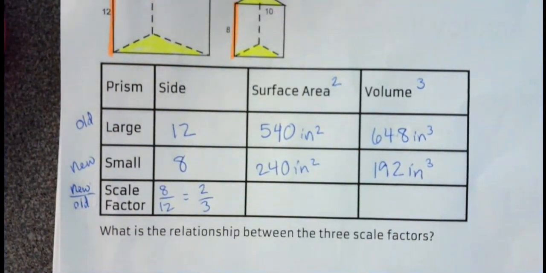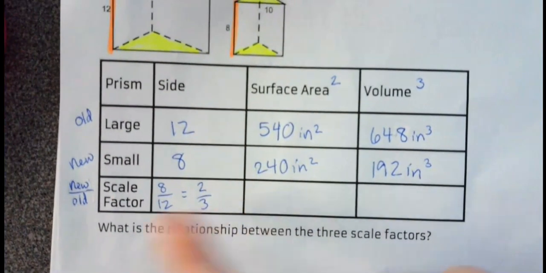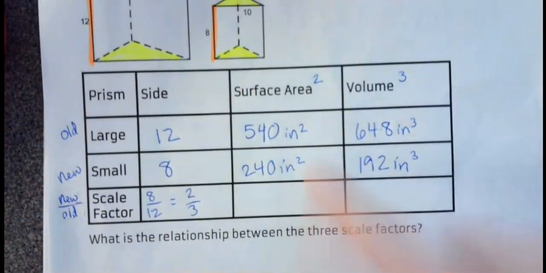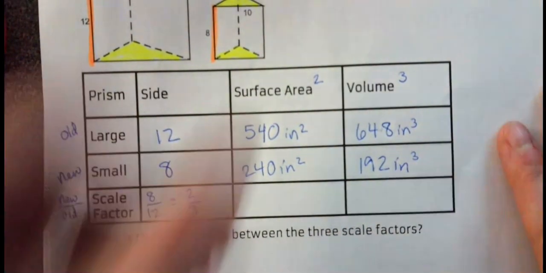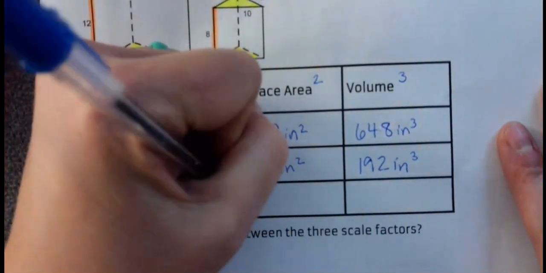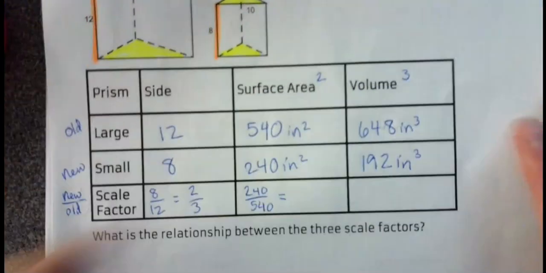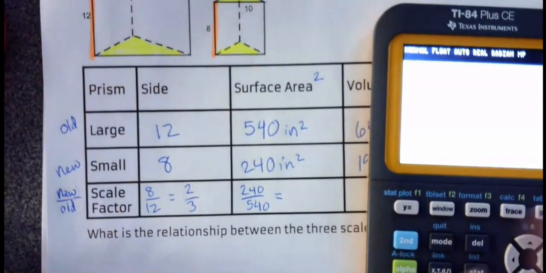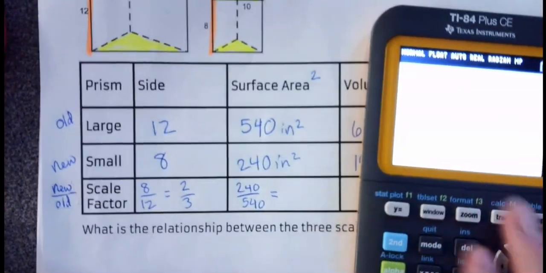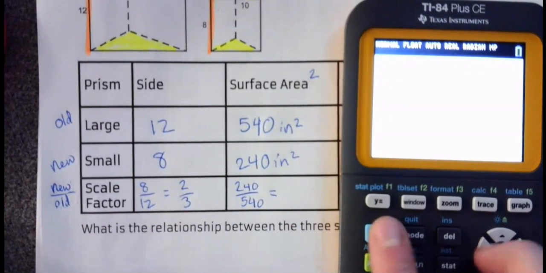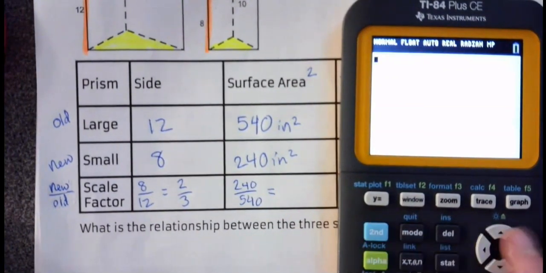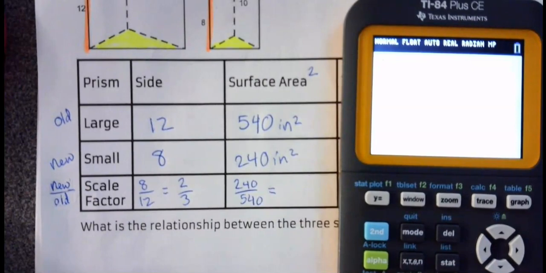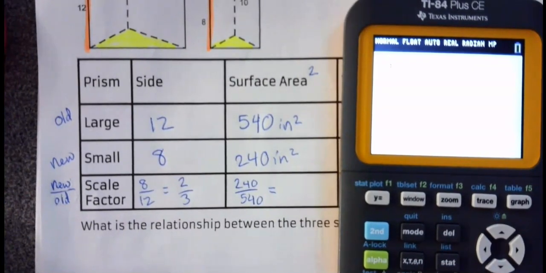All right, now we can make our fraction, so our scale factor of the surface area, which is still new over old. So 240 over 540. And then make sure we know how to type this into the calculator. You could just look at it and simplify it on your own, or you can type it into the calculator, whatever you choose to do, but I'm going to choose the calculator.